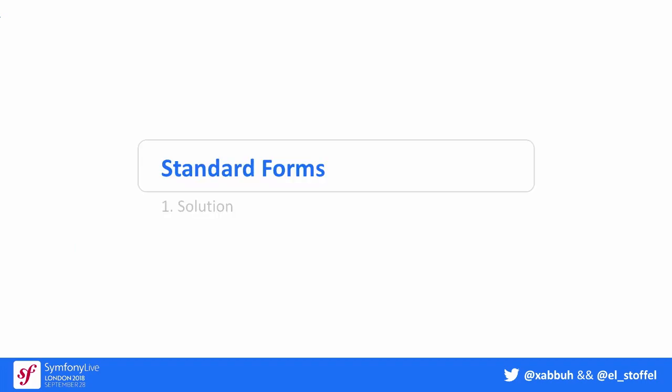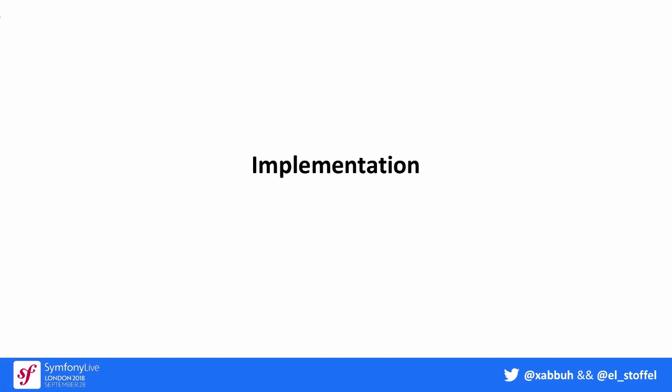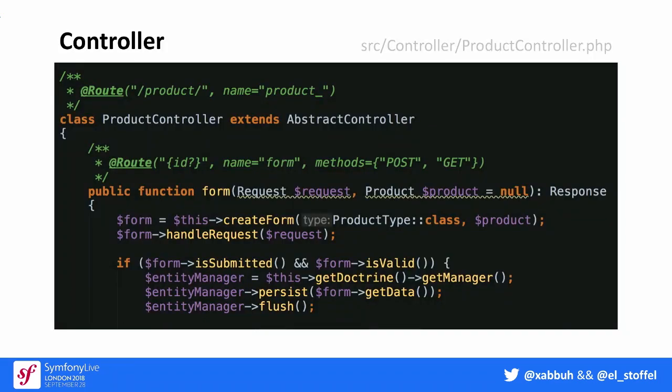Okay, so we're going to solve this use case a couple of times. And the first time will be the standard way, which is quite according to the best practice approach of the documentation. So the implementation starts with a simple controller.